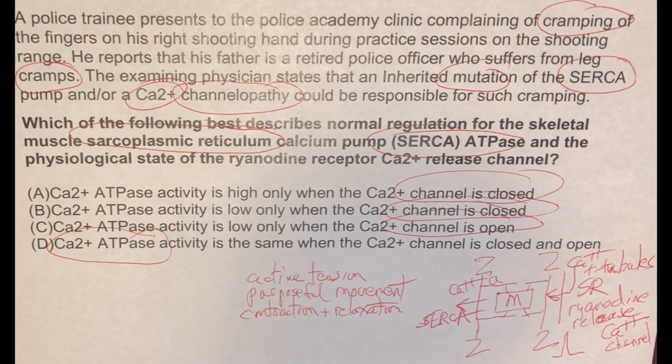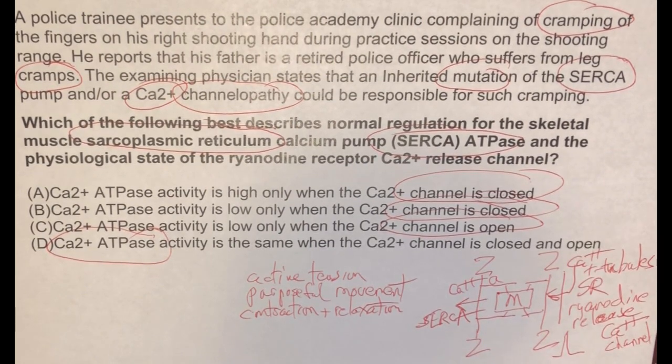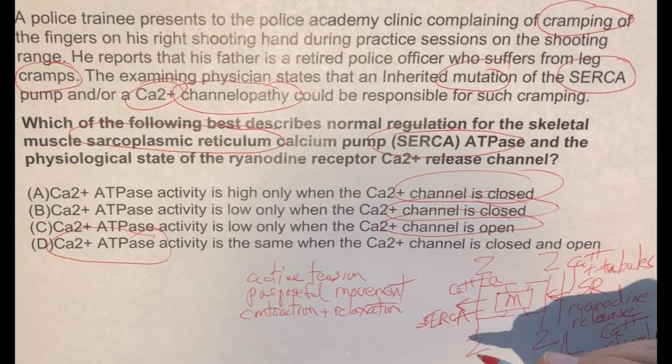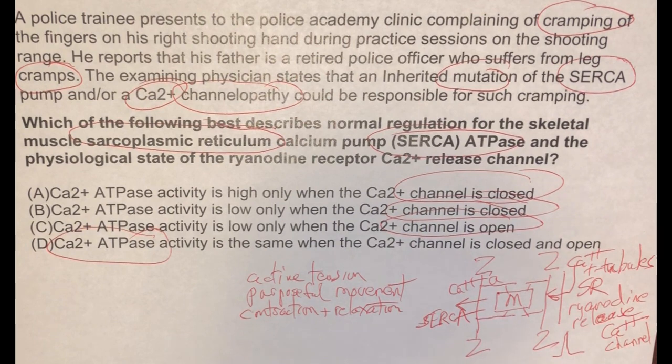Now, you ask, how then do we get relaxation? Well, when the motor neuron stops firing and less acetylcholine is released, the acetylcholine that stops being released doesn't cause depolarizations. So when the depolarizations go away, that's when the SERCA pump becomes more effective.